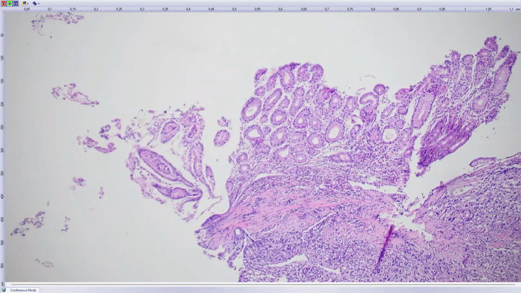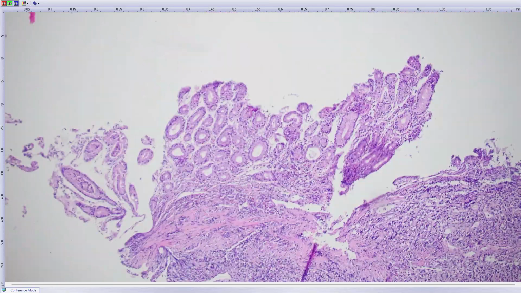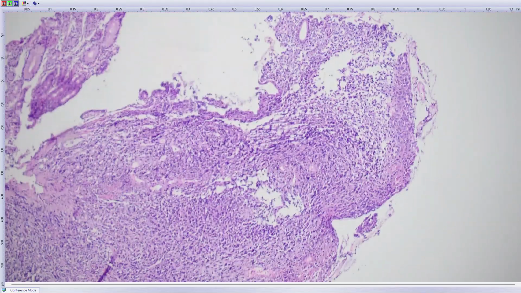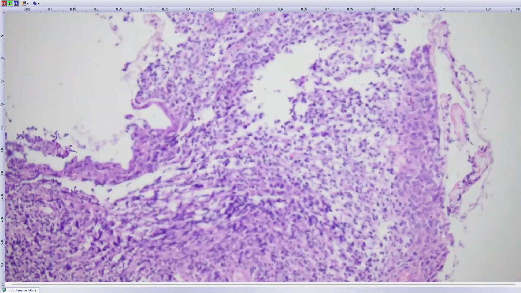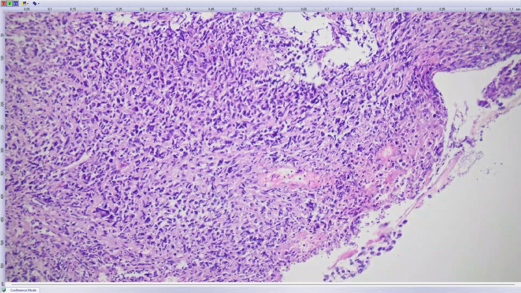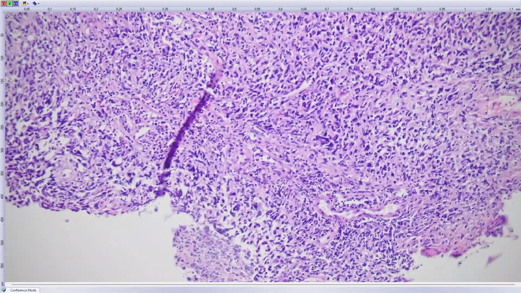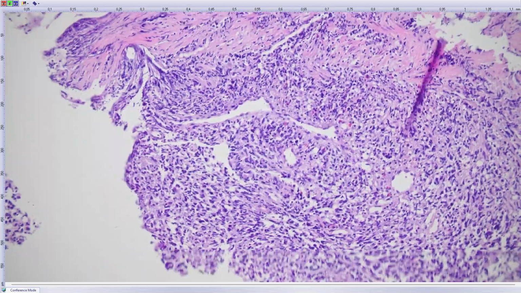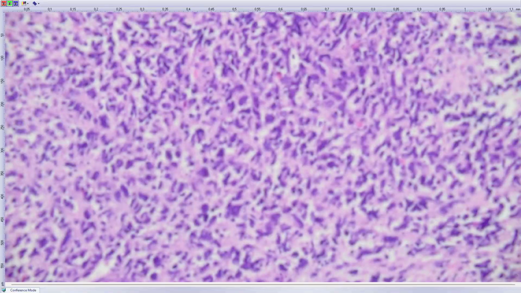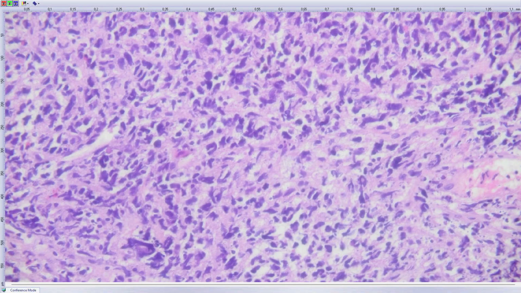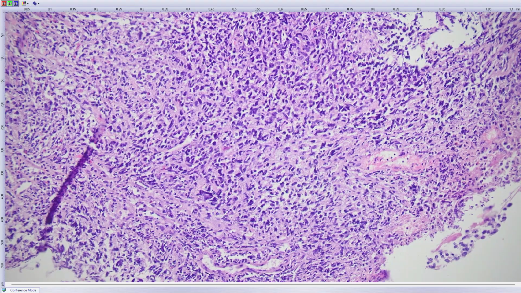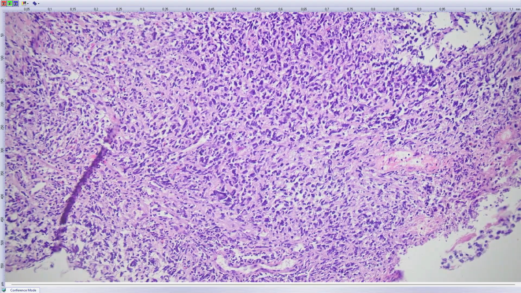So you can see cardiac type mucosa, and underneath this, again, ugly looking, quite pleomorphic neoplasm. It's hard to read mitoses, but there were many.